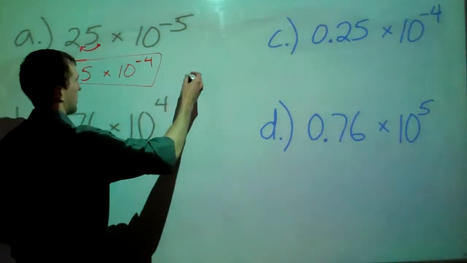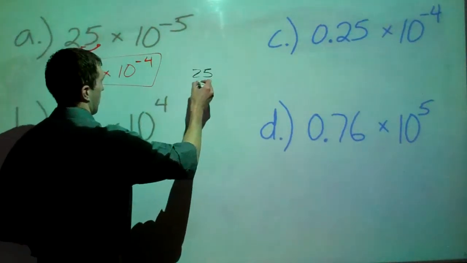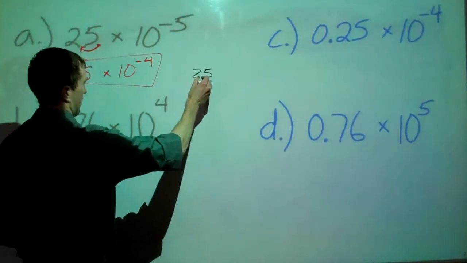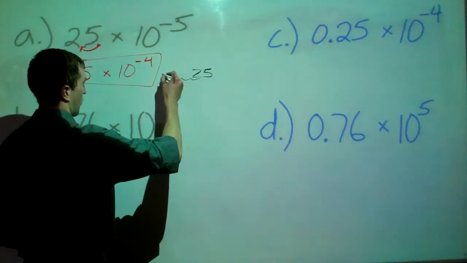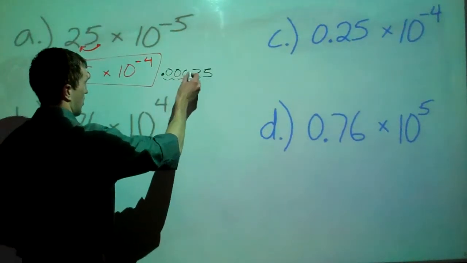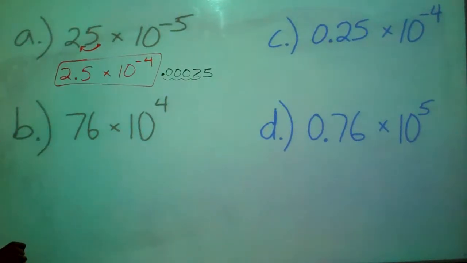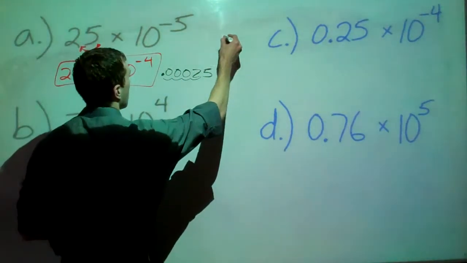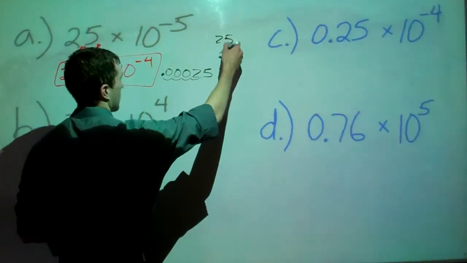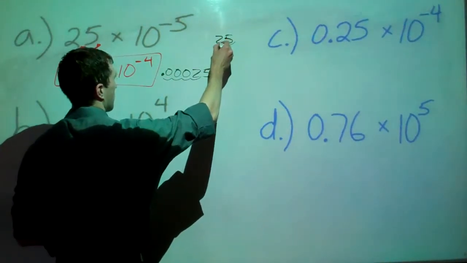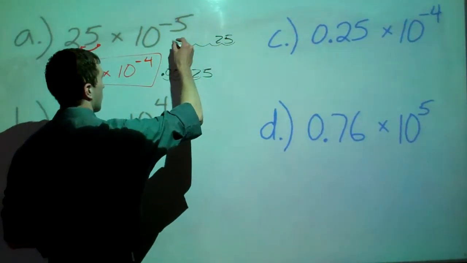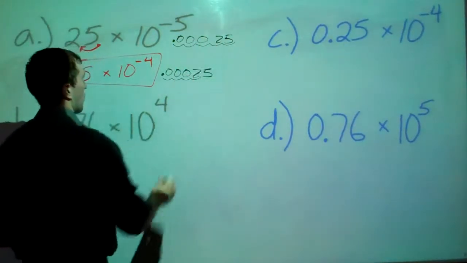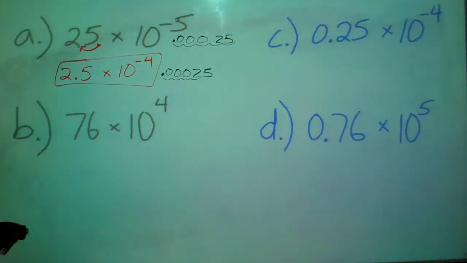That means we take our decimal and move it 4 spots to the left. 1, 2, 3, 4. 0.00025. We should get that here too. So this would be 25 times 10 to the -5. Our decimal is here, so we're going to move that 5 spots over. 1, 2, 3, 4, 5. And we do get the same answer. Yes, same number, but this is the proper scientific notation.